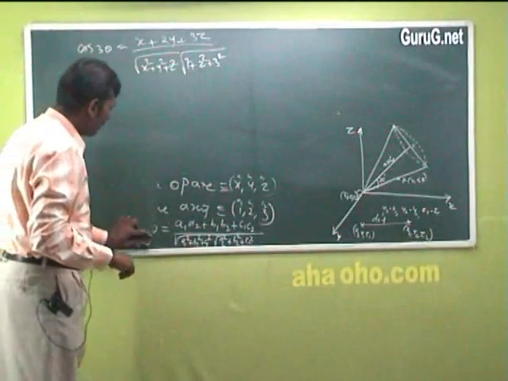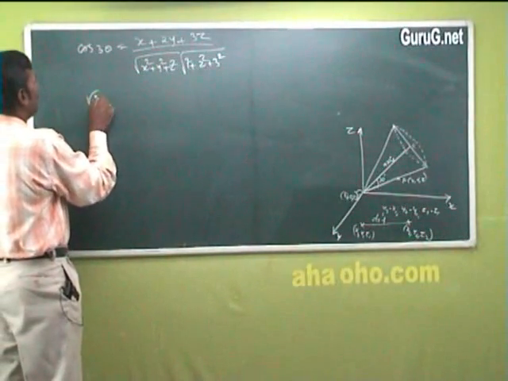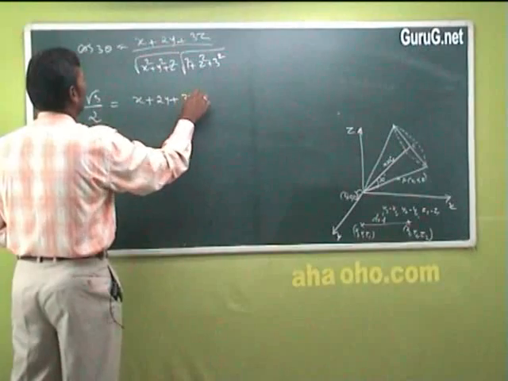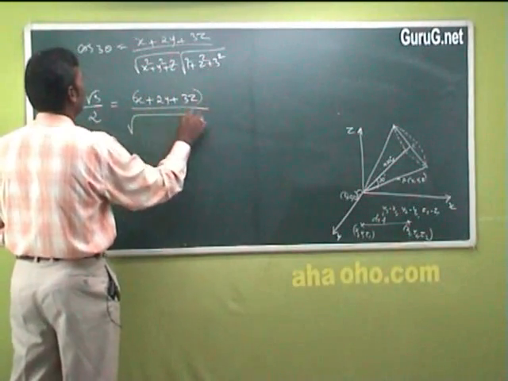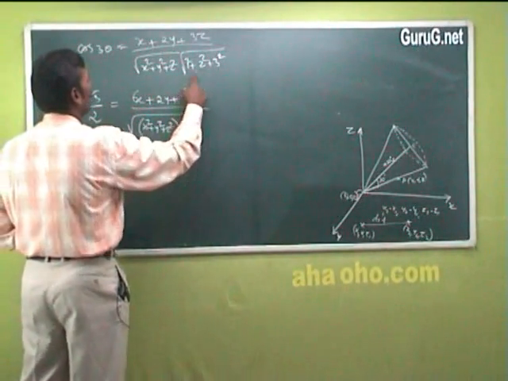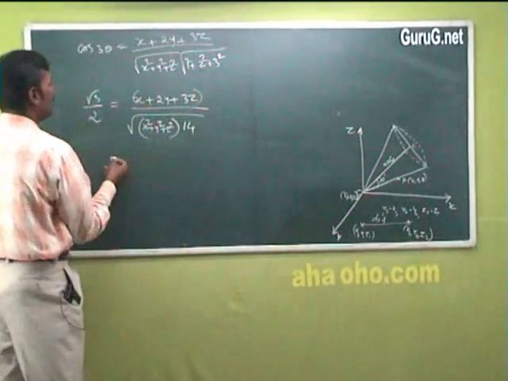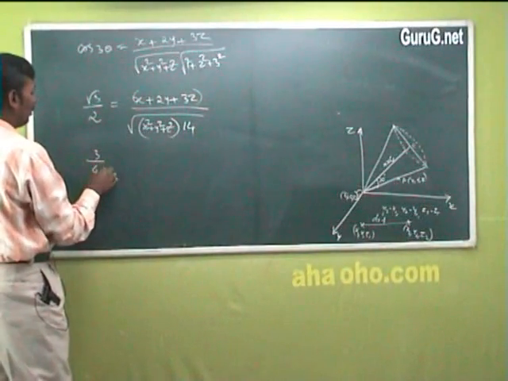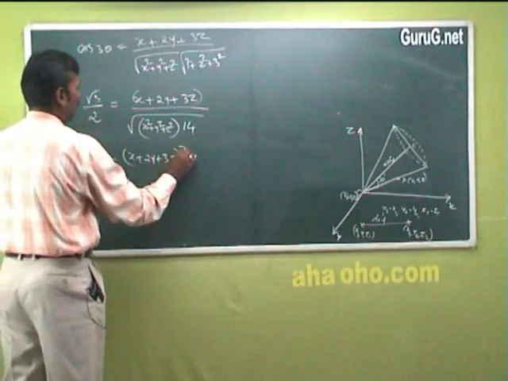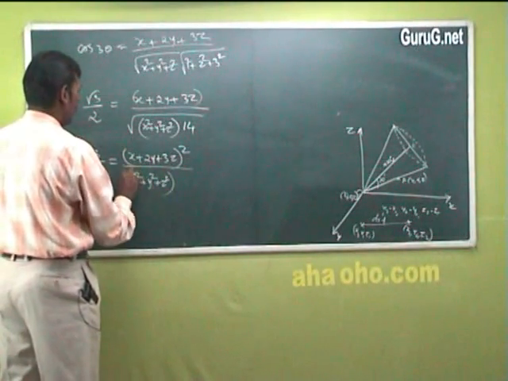What is cos 30? Root 3 by 2 equals x plus 2y plus 3z by square root of x square plus y square plus z square into 9 plus 4 plus 1, 14, right? Squaring on both sides. So 3 by 4 equals x plus 2y plus 3z the whole square by x square plus y square plus z square into 14, right?